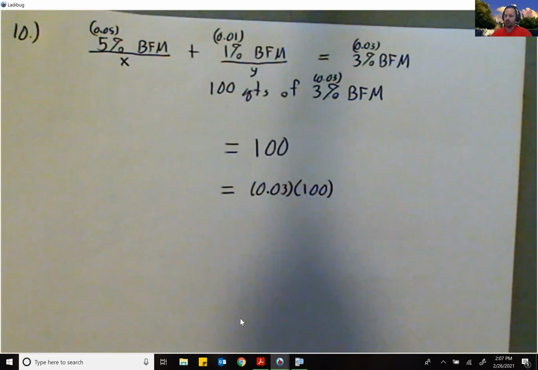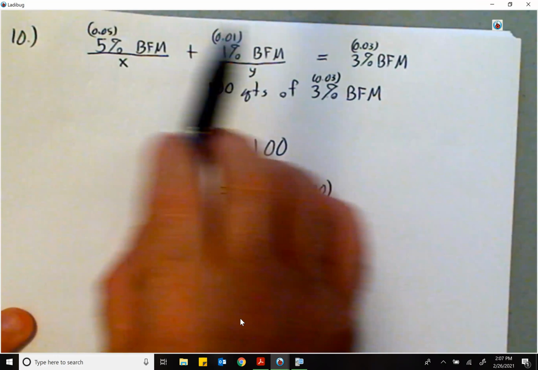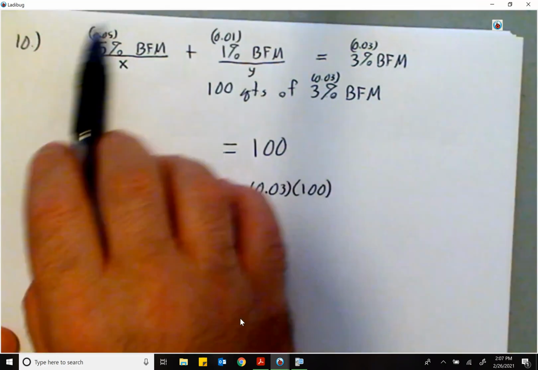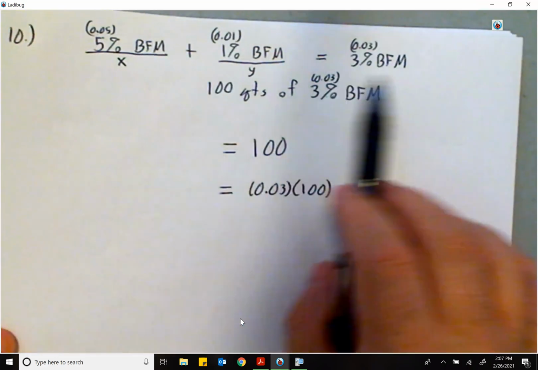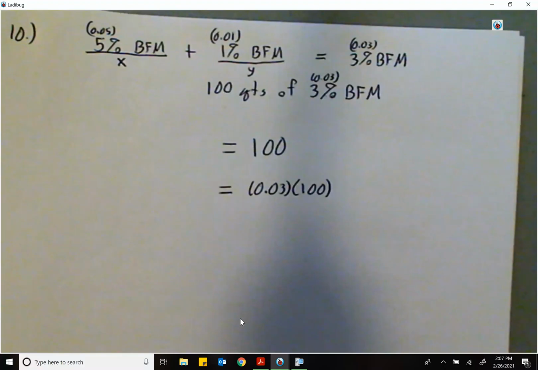Hey, you kind of see an equation up there? What do you think that equation is going to look like? It's going to look like the second one on the bottom.